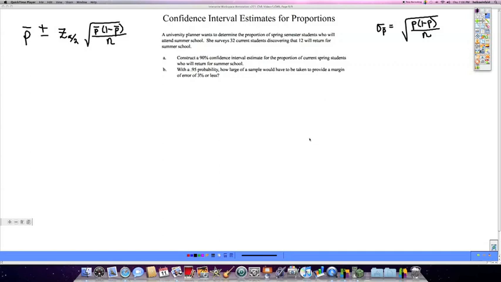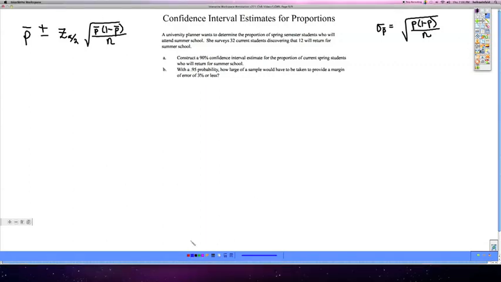Now, first of all, I want to point out some parallels between the proportion confidence interval formula and the confidence interval formulas we've been using. In the past, for both the z-value and t-value formulas, we had x bar plus or minus, and when we had large samples, z sub alpha divided by 2, or for the t's, t sub alpha divided by 2.